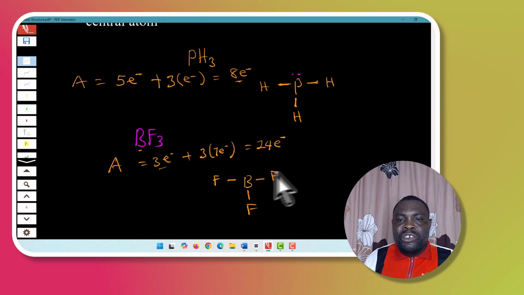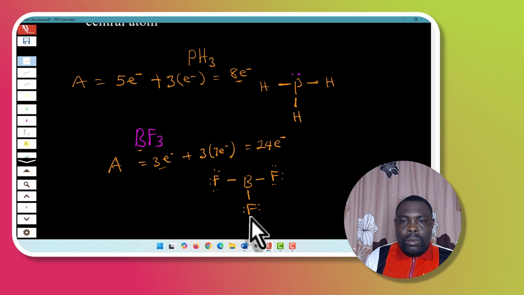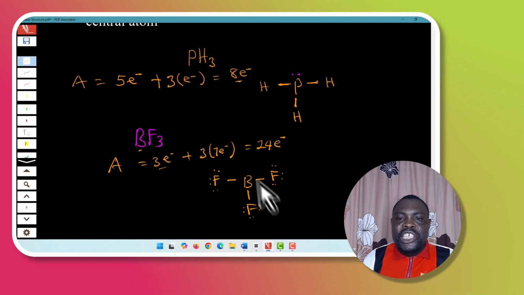Now, 2 from 8 leaves 6. So this fluorine atom requires 6 electrons. The same for the other fluorine atoms. Each of the fluorine atoms now takes 8 electrons, 8, 8, 8. That gives us 24. So we have completed the octet of BF3.